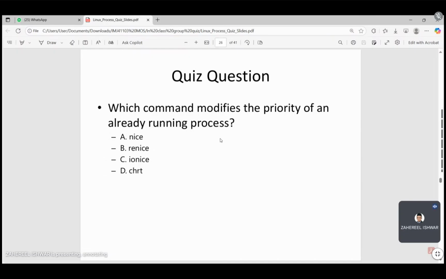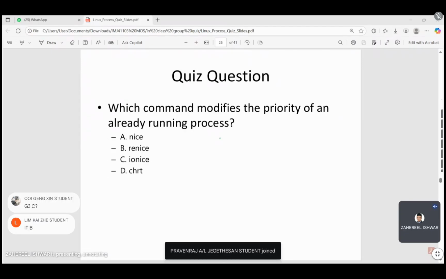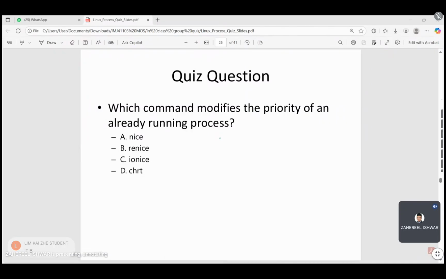First question, which command modifies the priority of an already running process? The answer is what? Ionice? Not really. The answer is B. Lim Kaizi got the right answer. Nice. Okay, Oi Genkin gets 1 mark.